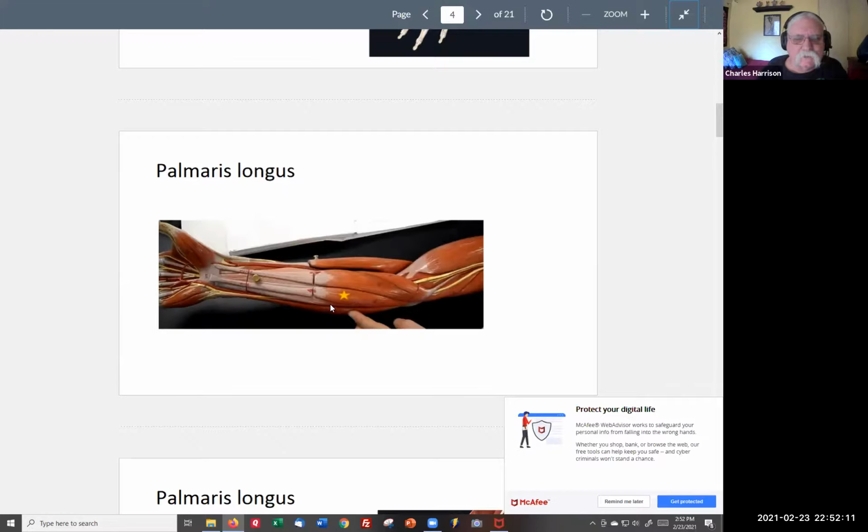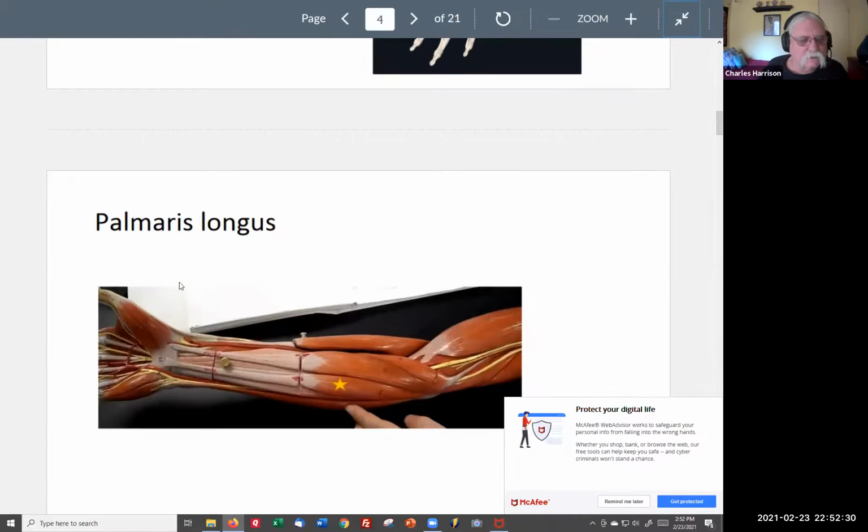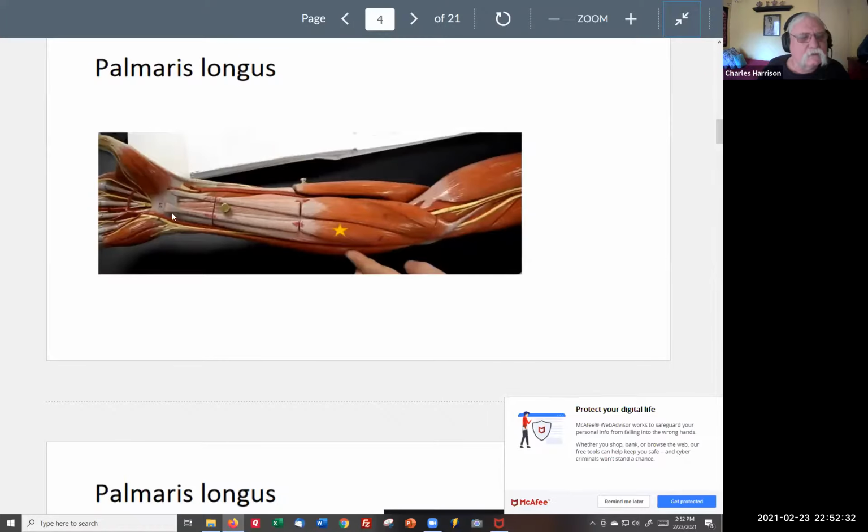Okay, so now we move to the next muscle here. This was flexor carpi ulnaris. The next muscle is the palmaris longus. Trace it out, and it fans out to everything. Here it is, goes up here.